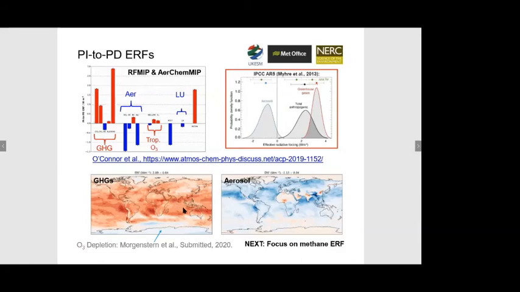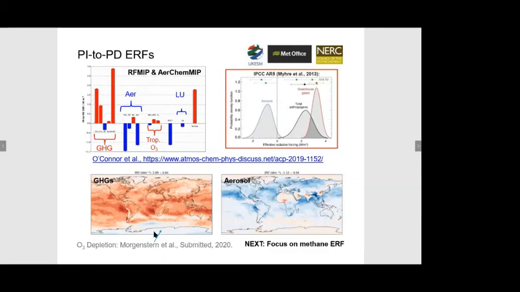At the bottom there, I'm also including global distributions of all the greenhouse gases on the left and all aerosol on the right. So you can see for the greenhouse gases, you might expect it's much more spatially homogeneous, positive mainly everywhere.